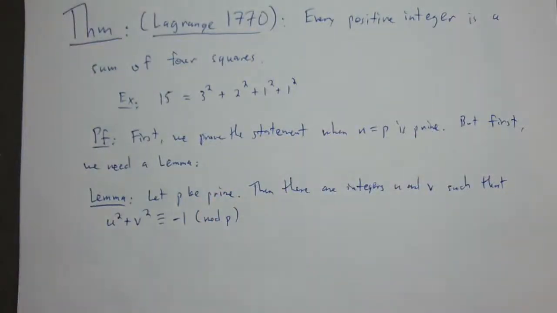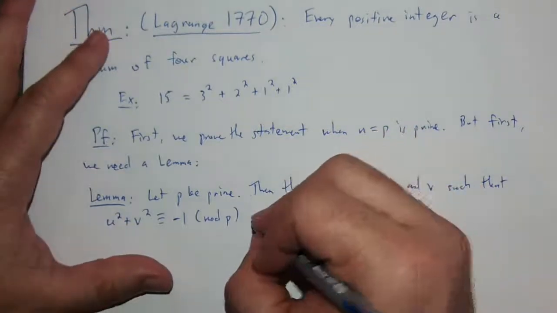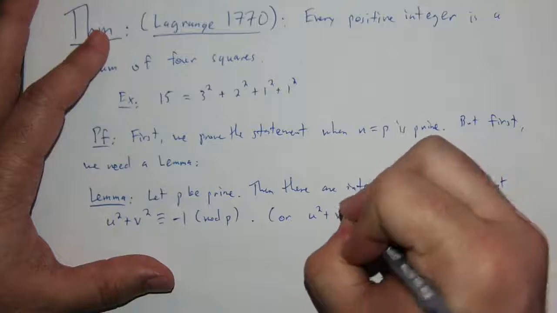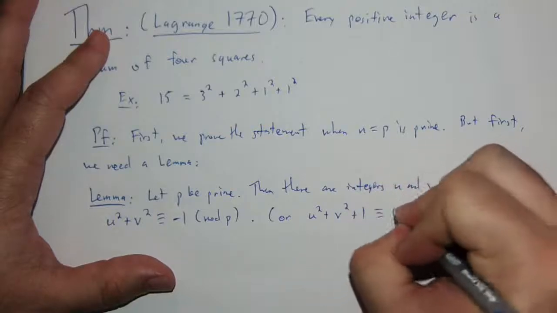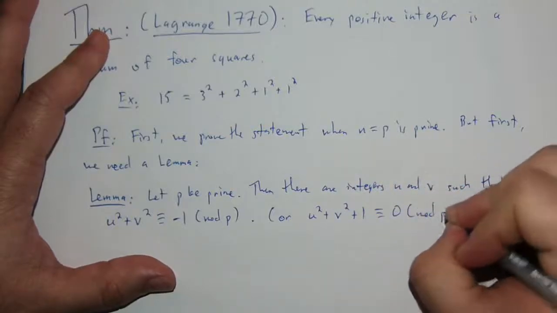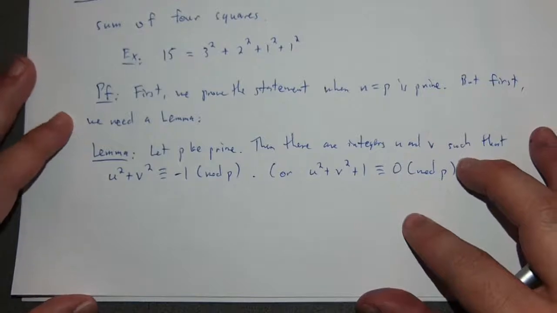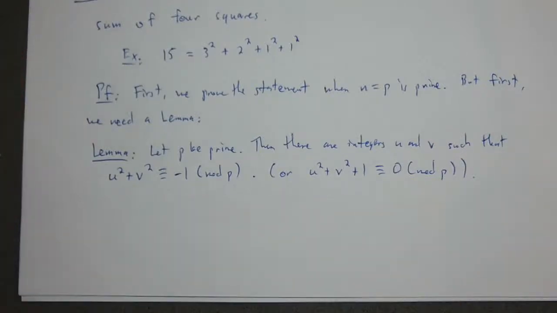Or another way, u squared plus v squared plus 1 is congruent to 0 mod p. So we need to prove this lemma first.